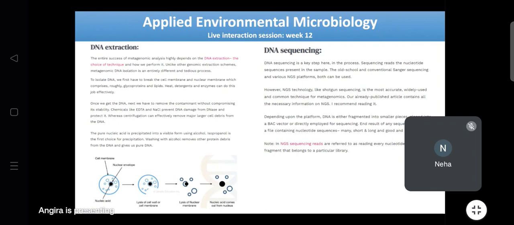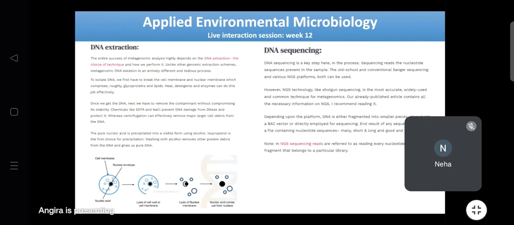Now, once you have extracted the DNA, you have to go with DNA sequencing. Sequencing is basically reading the way in which nucleotide sequences are present in the DNA. Sometimes you can perform Sanger sequencing.